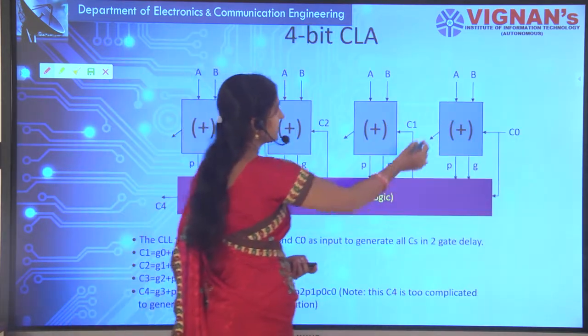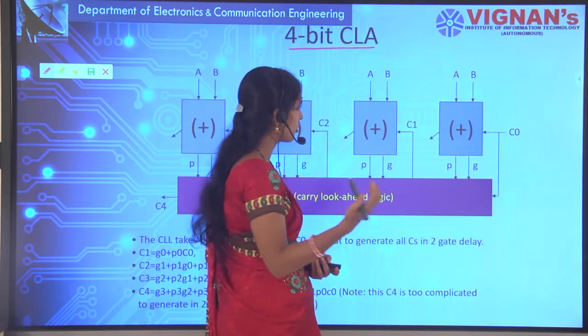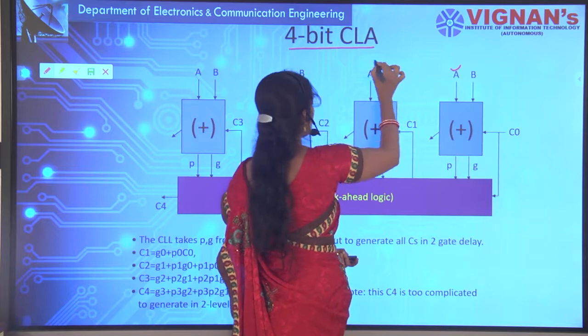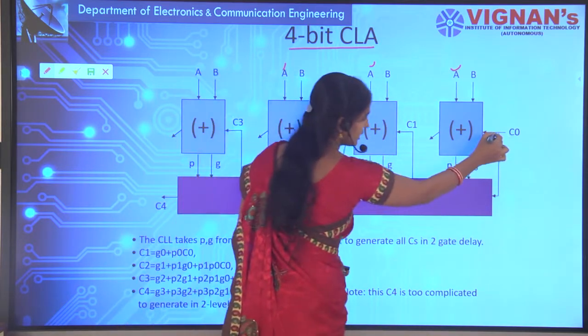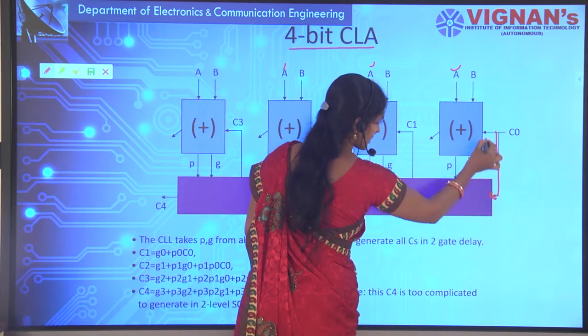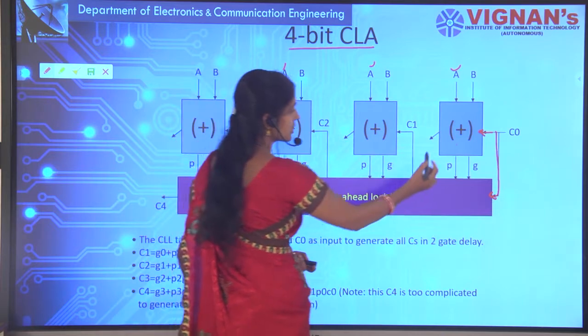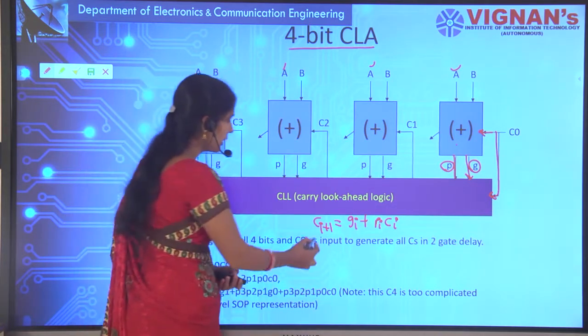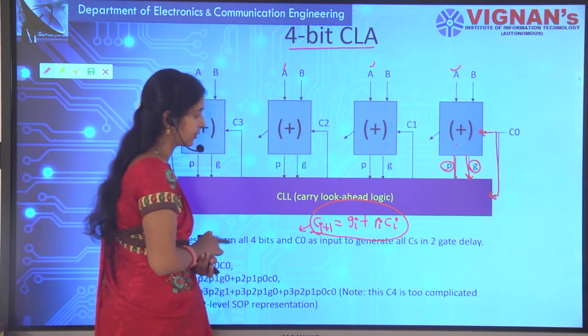See here, it is taking a 4-bit CLA, that means A is of 4 bits and B is of 4 bits, along with C0 as an input, carry 0. This is the generalized expression for the carry to be generated.